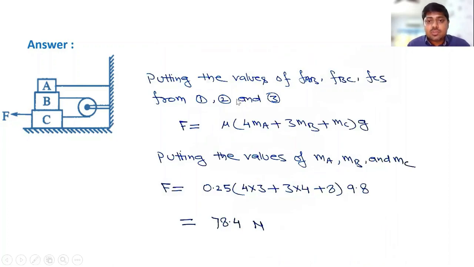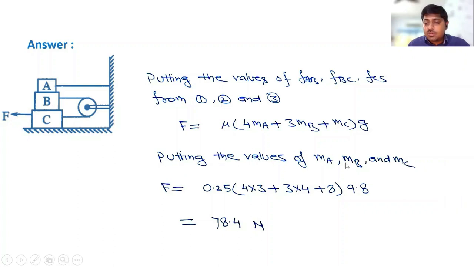Now putting the values of FAB, FBC, and FCS from our earlier relations 1, 2, and 3, we can rewrite this value of capital F in terms of mu, the masses of the bodies, and g like this: mu times (4Ma plus 3Mb plus Mc) into g.